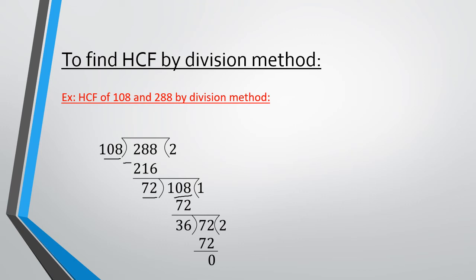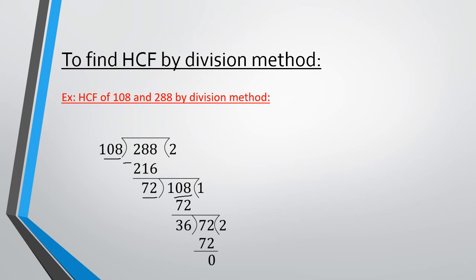Is it clear so far? First step, we are taking the bigger number among the two and making it the dividend, and the smaller number becomes my divisor. When I divide, the remainder will become the divisor, and the previous step's divisor will become my dividend. Now again I am trying to divide.